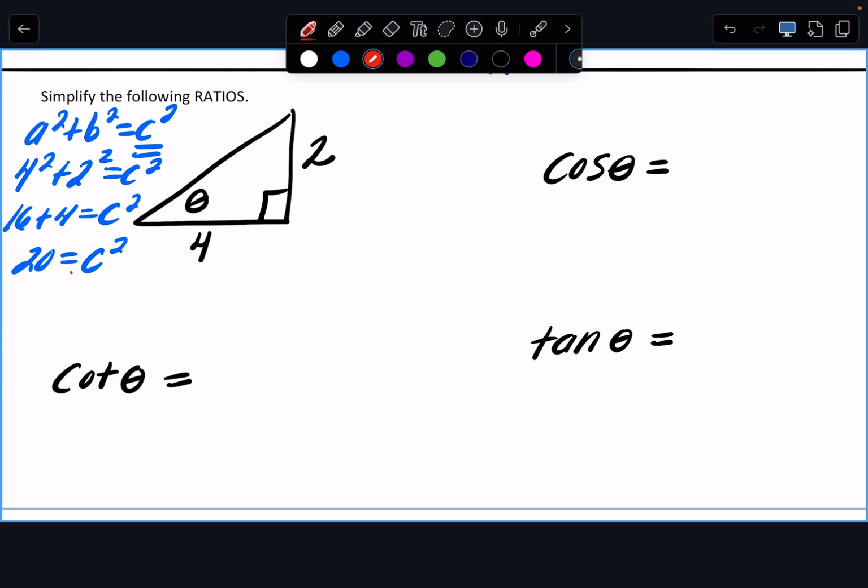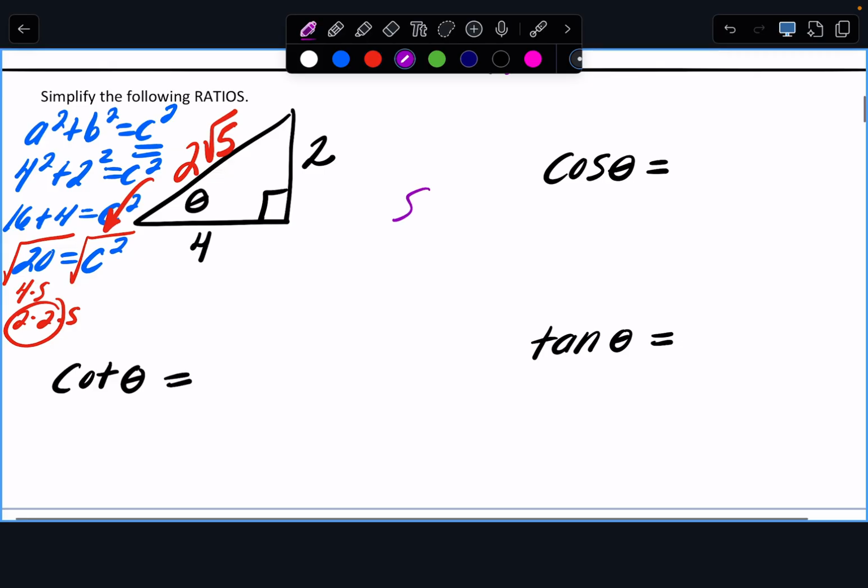So wouldn't we square root both sides? Yeah. So that would be the square root of 4 times 5, which is 2 times 2 times 5. So this will become 2 root 5. We know that when solving by taking square roots, we need to put a plus and minus. But in the context of this problem, it's a side length. There are no such things as negative side lengths. From here, we answer the question. So I'm going to write myself a note.